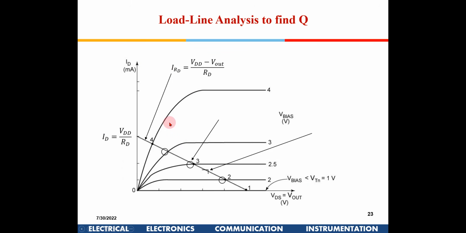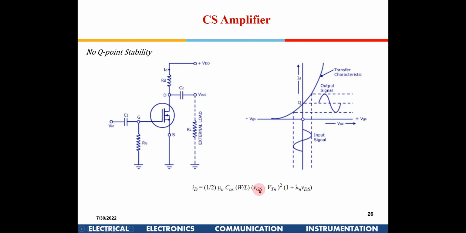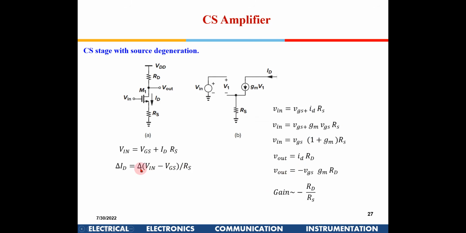Initially, delta V in was causing an ID that varied as the square, so there was a lot of variation. Here in this case, delta V in is getting divided by RS, and that is why the ripple effect is lesser. Is it okay? Yes, sir. Thank you.